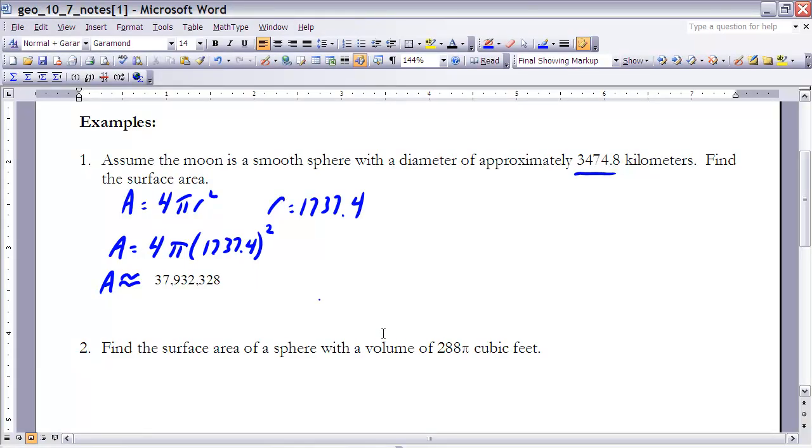So the surface area then would be a little less than 38,037,932,328 if I round it to the nearest square kilometer, and that would be my units, so I'd want to put that at the end here, square kilometers.